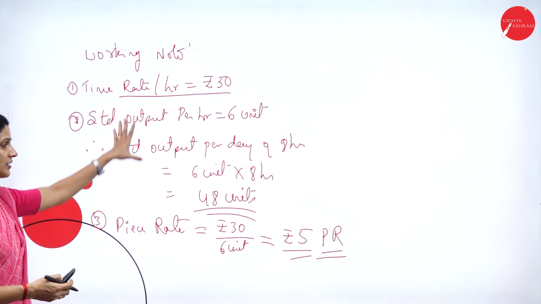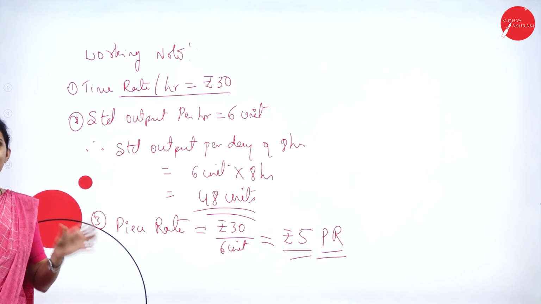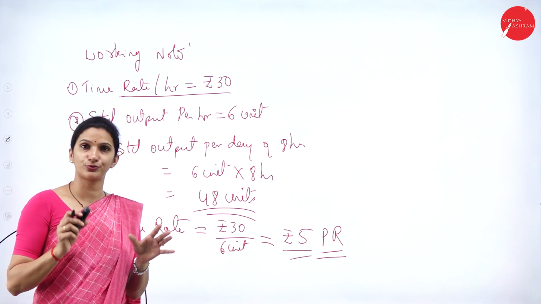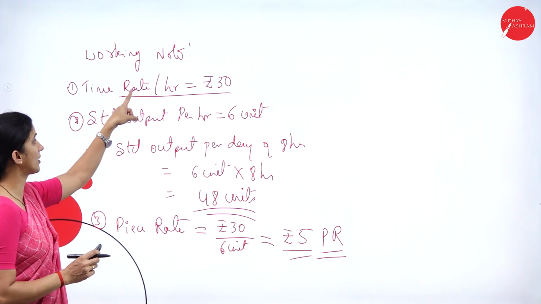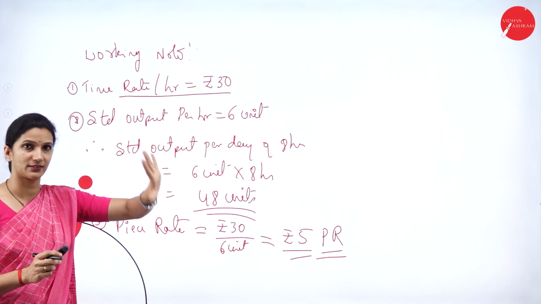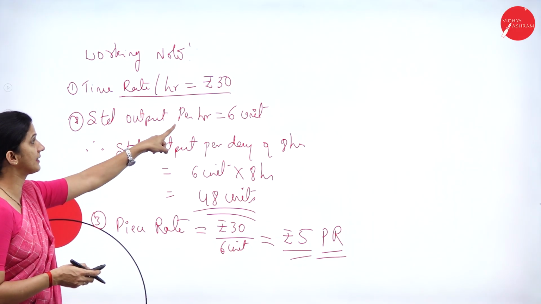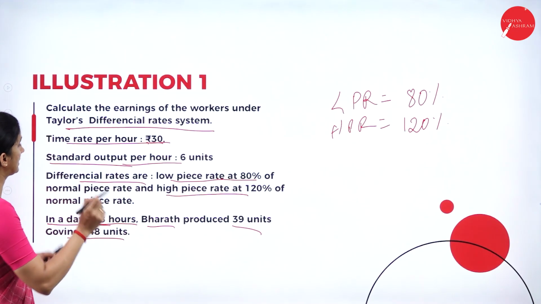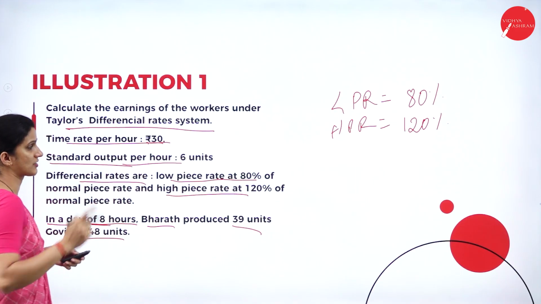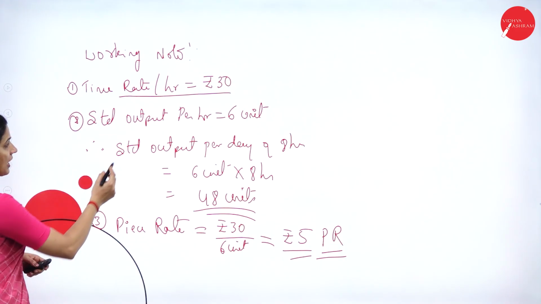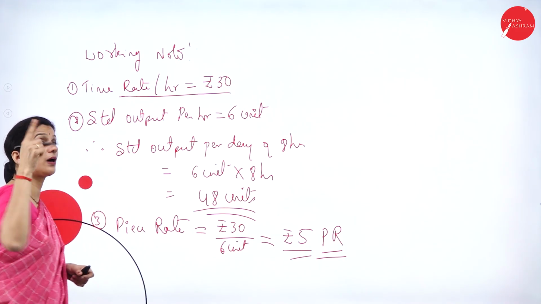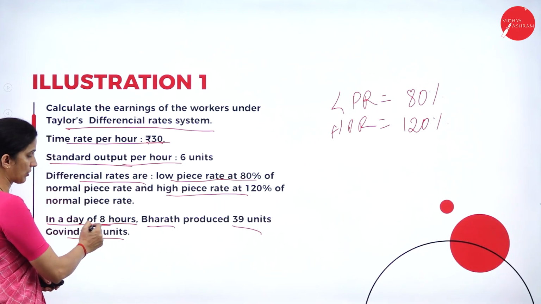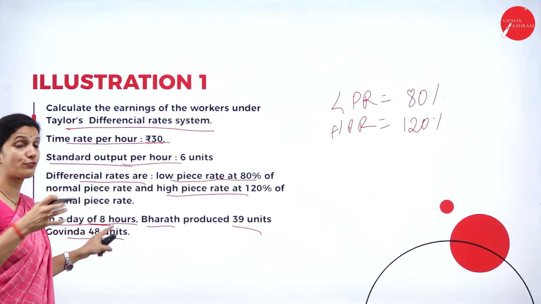This is the important working note that you need to prepare before we go for the calculation of total wages. One, take down the time rate per hour, which is 30. Then we have the standard output per hour, 6 units. We need to calculate the standard output per day, because in the question it is a day of 8 hours of work.